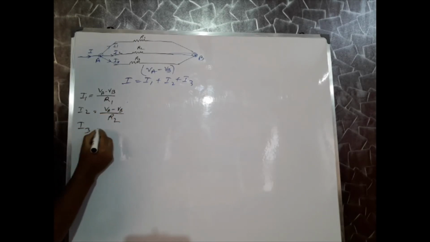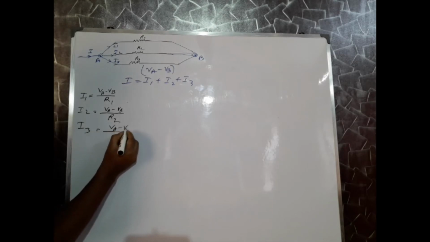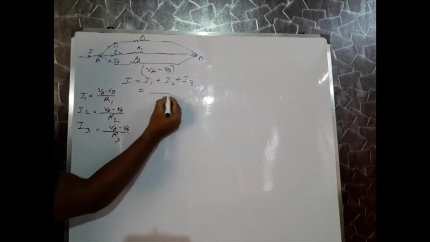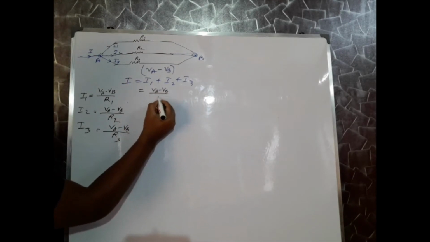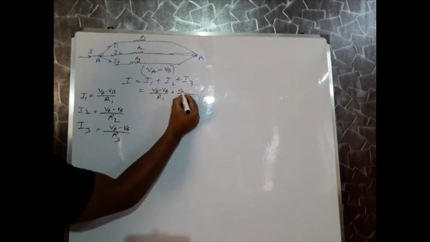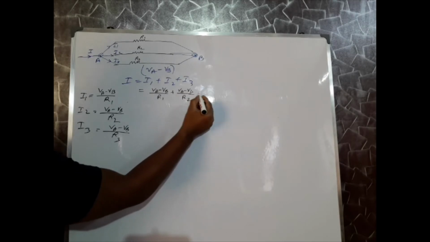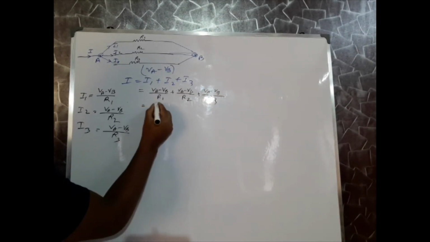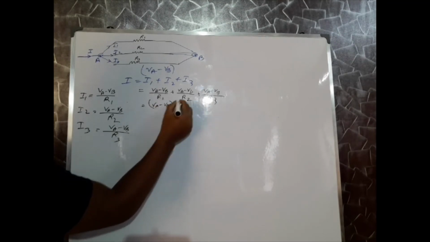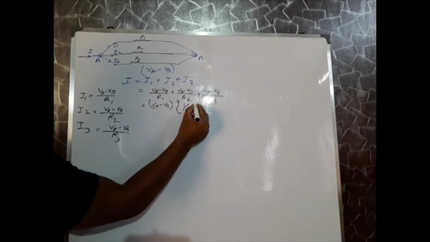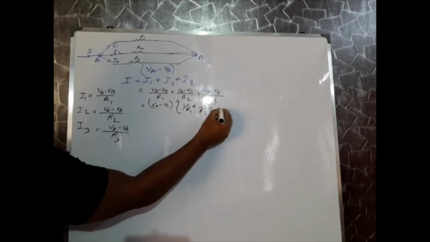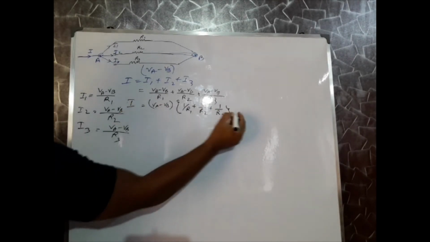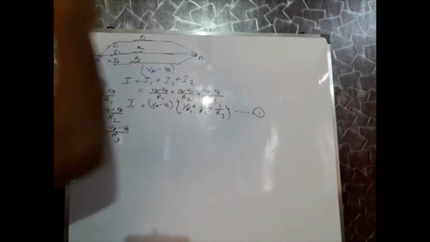I3 is VA minus VB by R3. So put down the values here: VA minus VB by R1, VA minus VB by R2, VA minus VB by R3. Since VA minus VB is common, I equals VA minus VB times 1 by R1 plus 1 by R2 plus 1 by R3. That is the value of I. Okay, take it as the first equation.